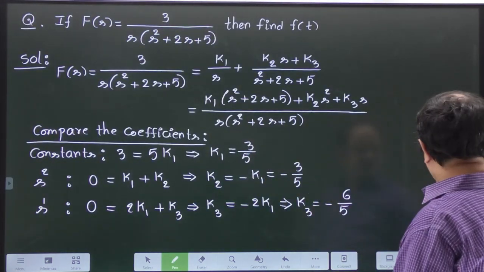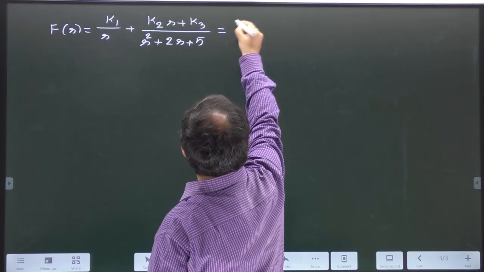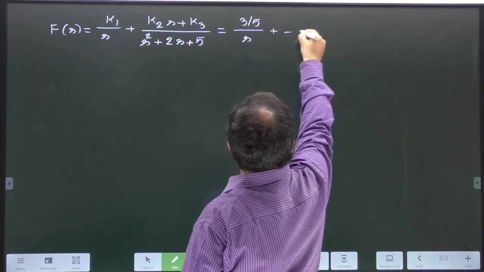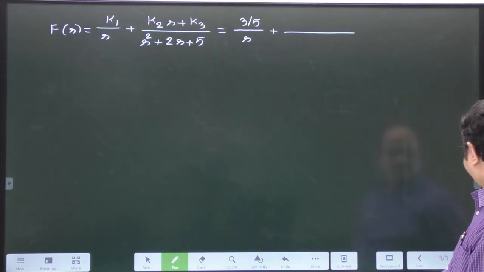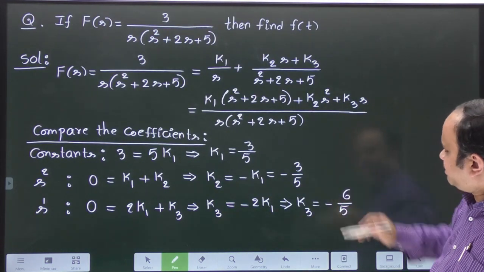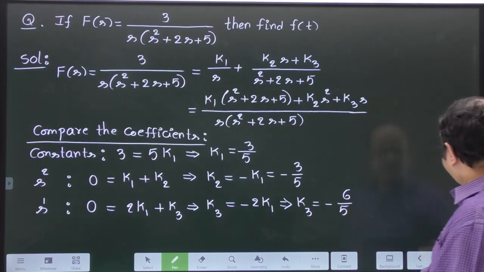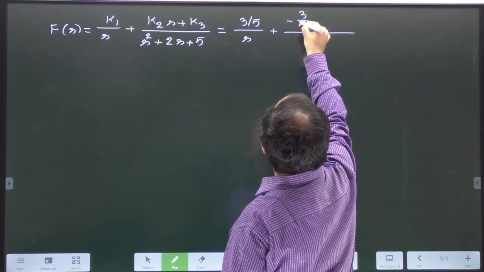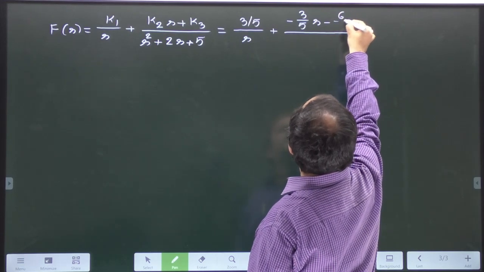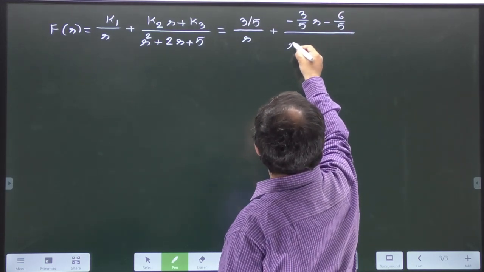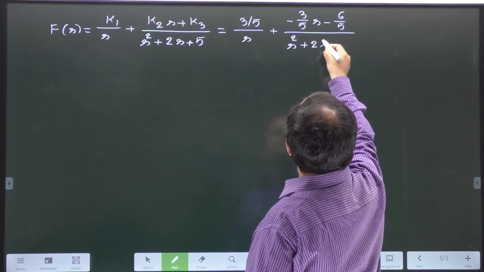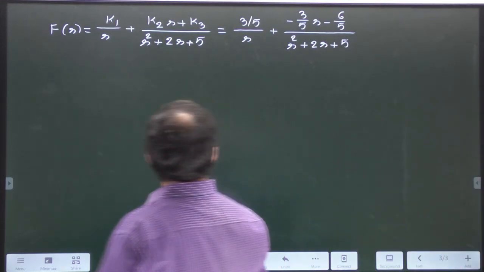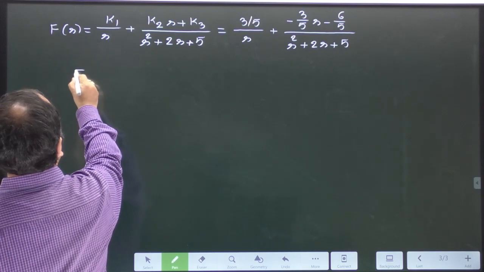So k1 is 3 by 5, so I can write 3 by 5 in the numerator, divided by s, plus, k2 is minus 3 by 5, k3 is minus 6 by 5, therefore (minus 3 by 5 s minus 6 by 5) divided by (s square plus 2s plus 5). Okay. Now just let us simplify further.